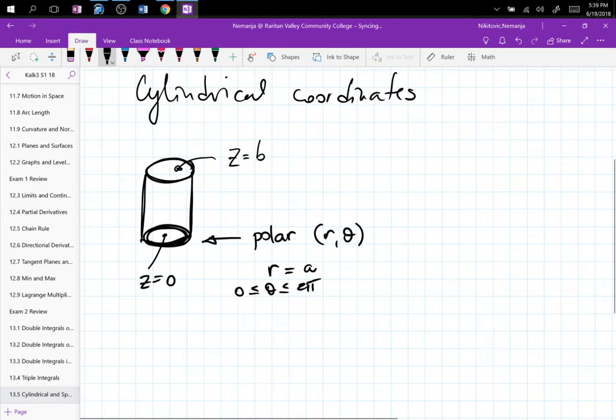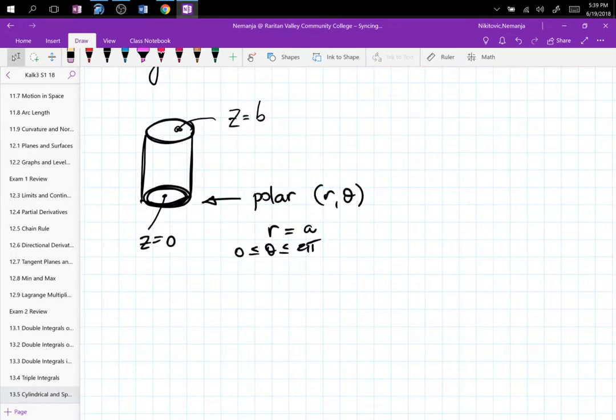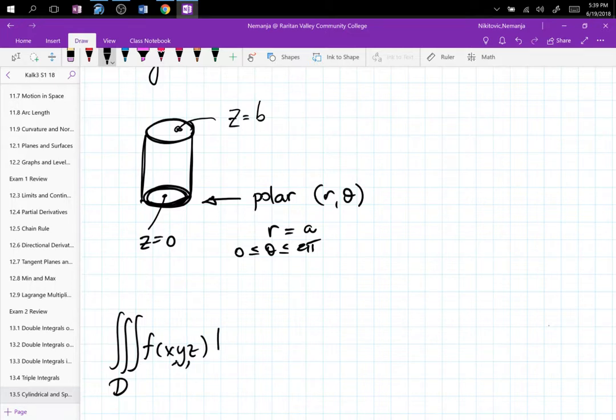So as you are looking at this, you can quickly see that the integral for something like this would be dealing with, again, polar coordinates and then enhanced by z. So what do I have? I have the region D for some function f of x, y, z dV. And here is the integral now.